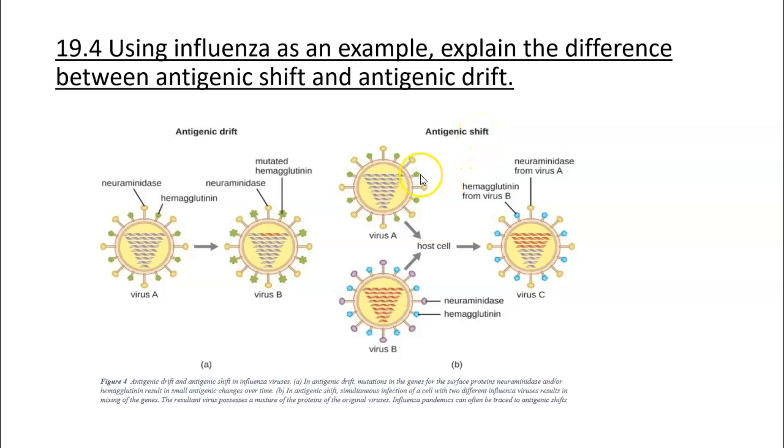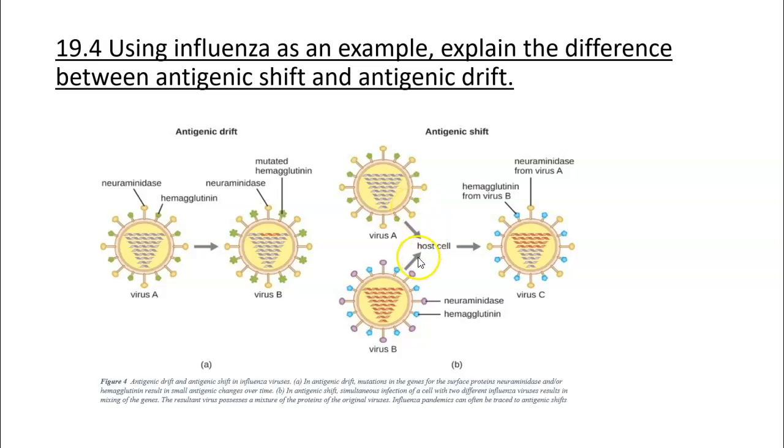Typically what happens is we have two different influenza viruses. And those two influenza viruses, you can see that they've got different H's and N's, and they're both going to infect the same host.